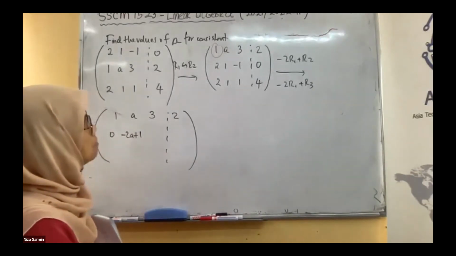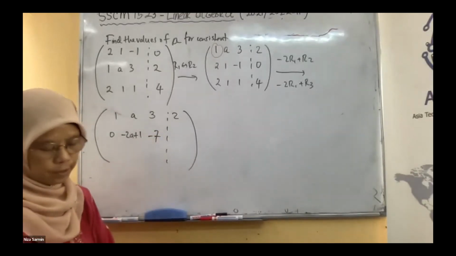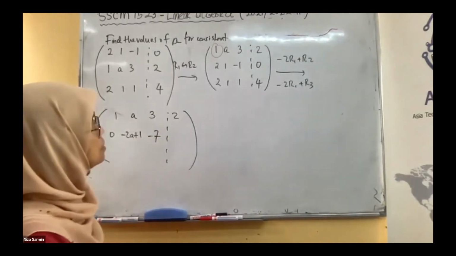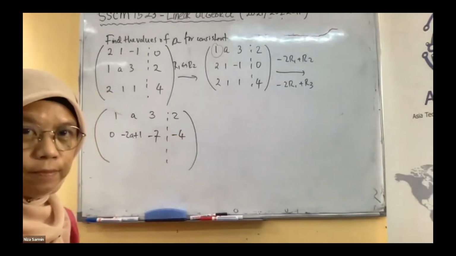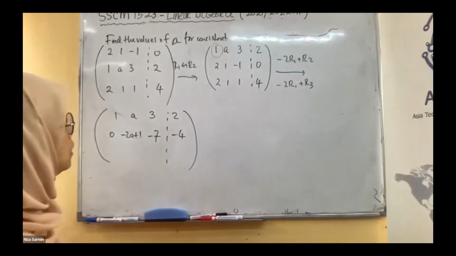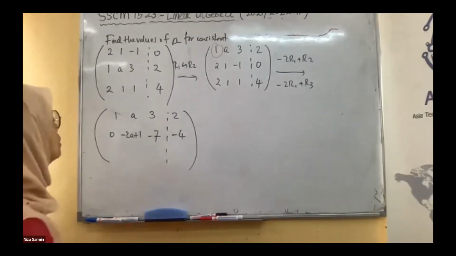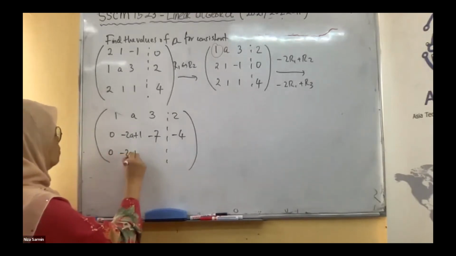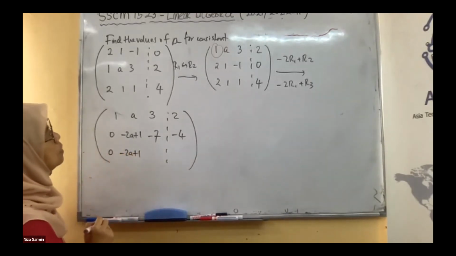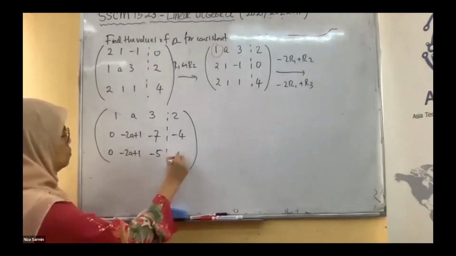Negative 6 plus negative 1. Negative 4 plus. Okay. Then negative 2 R1 plus R3. The same. Negative 2, negative 6 plus negative 5. 0.